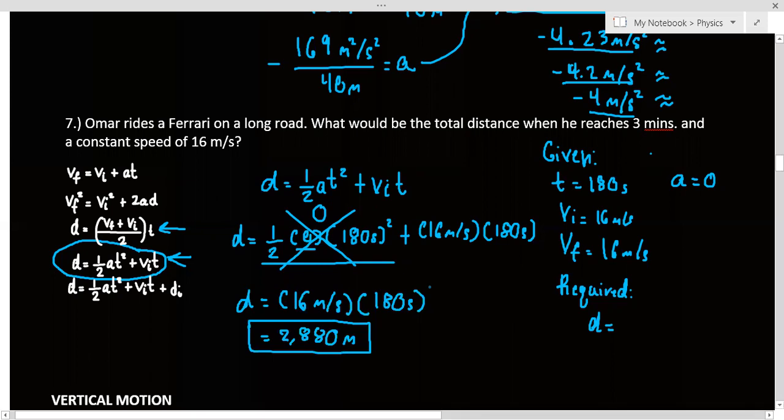Now, what if, let's say, you're on a rooftop and you drop a basketball from the rooftop of your apartment? How far does it travel once it reaches the ground? That's our goal in kinematic equations involving vertical motion, or the vertical dimension.